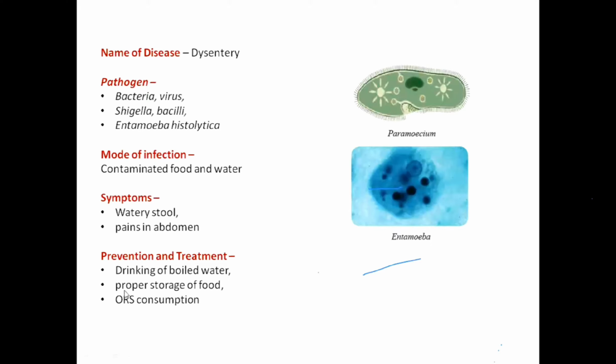So to maintain the water level in our body, which decreases in diseases like dysentery, ORS solution should be given to the patient. So these are the preventive measures for dysentery.